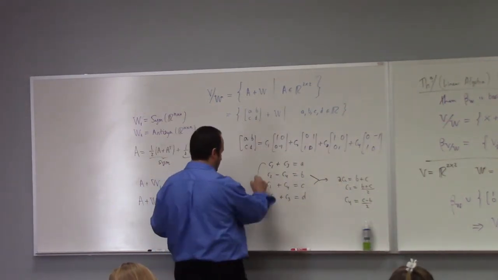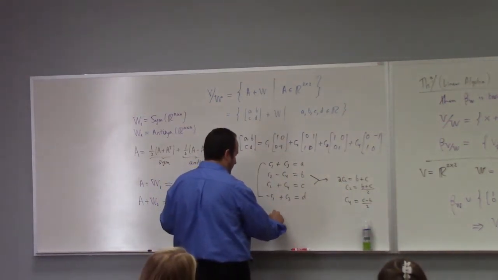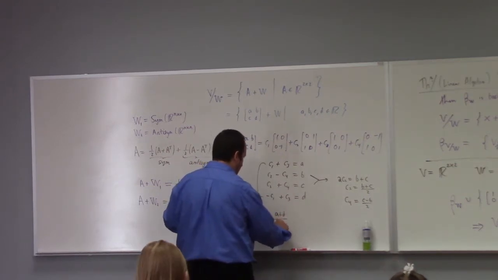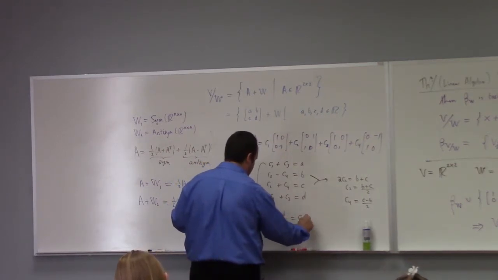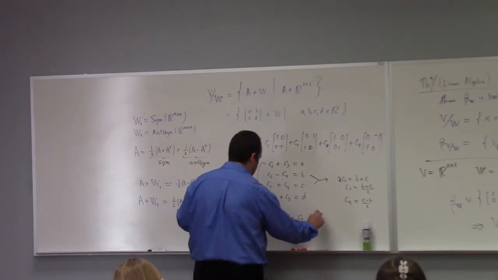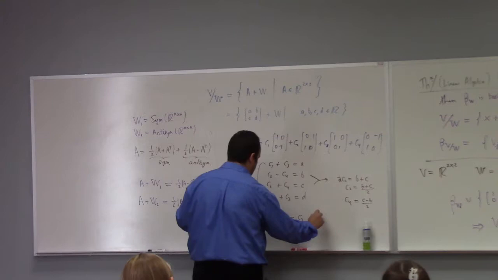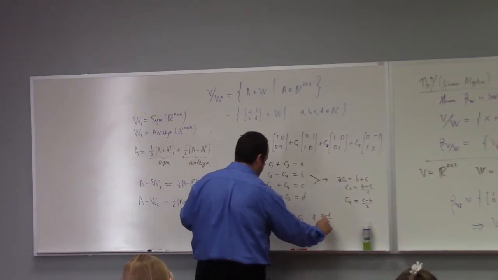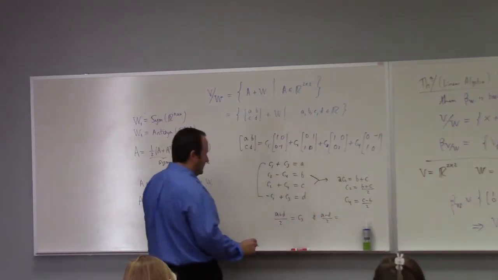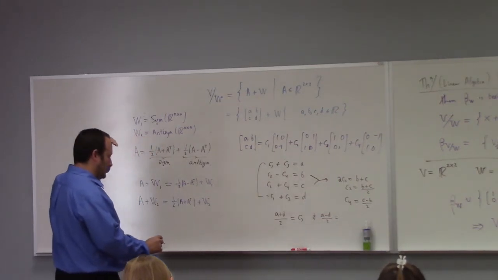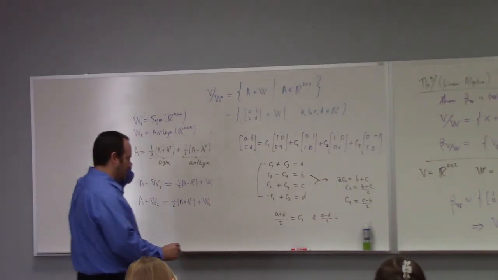And these two, adding them, we get (A plus D) over 2 is equal to C3. And apparently (A minus D) over 2 is equal to C1.